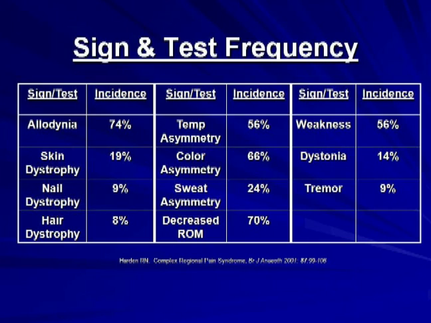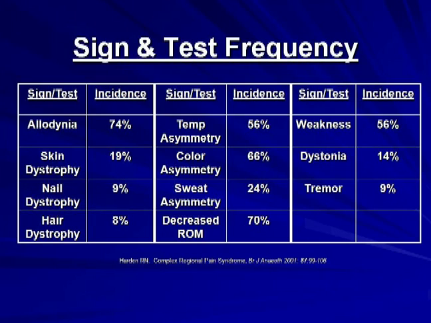And not every patient will have color changes or temperature asymmetry or decreased range of motion. A large percentage will, but not everyone. So you have to keep that in mind in terms of having a high index of suspicion for the condition and realizing that not everyone presents with every manifestation 100% of the time.